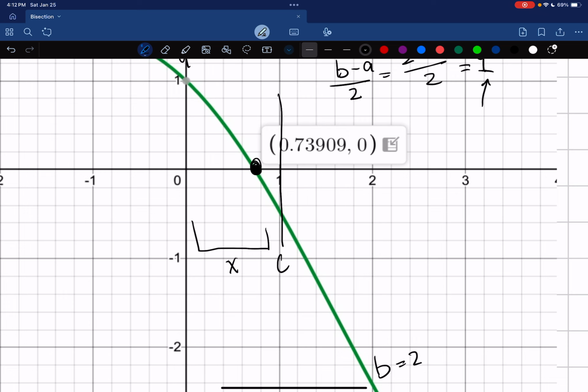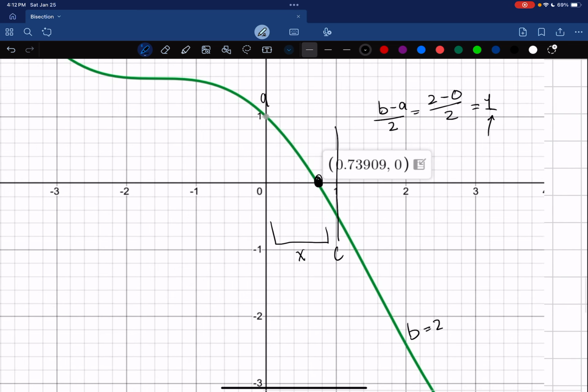And I can calculate this, right? This is just the difference between C and A. So if I take B minus A, whatever distance this is, divided by 2, aka my C, that would be this distance, right? So keep that in mind. This is why we use the maximum error.